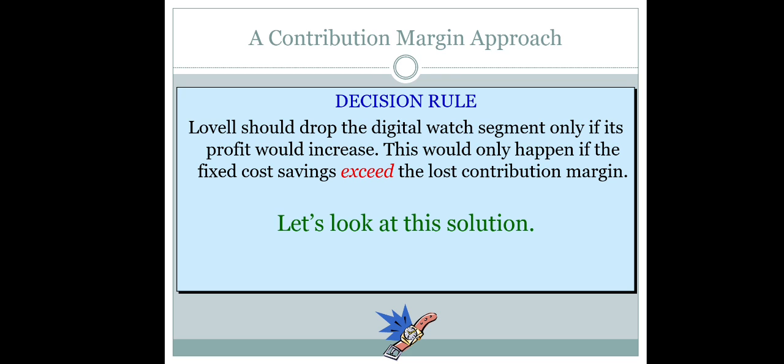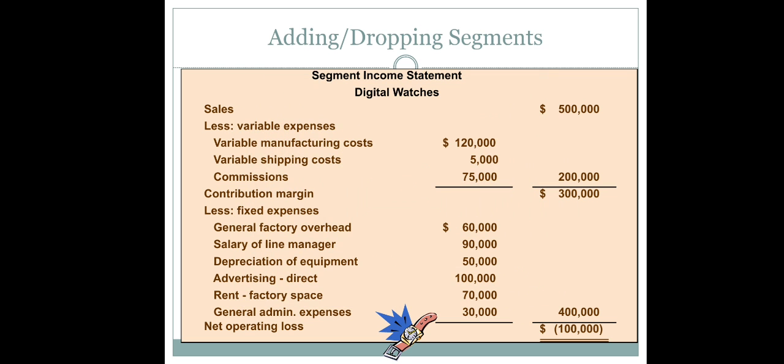If the benefit of doing something is greater than the cost, then we say yes. If the benefit is less than the cost, then we say no. That is the basic rule for adding or dropping a segment.